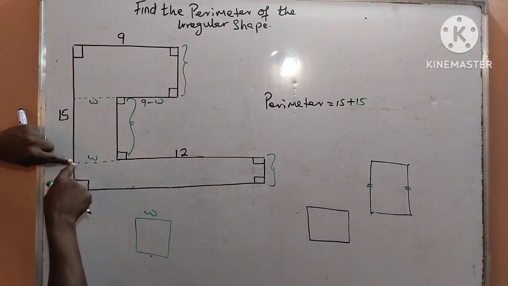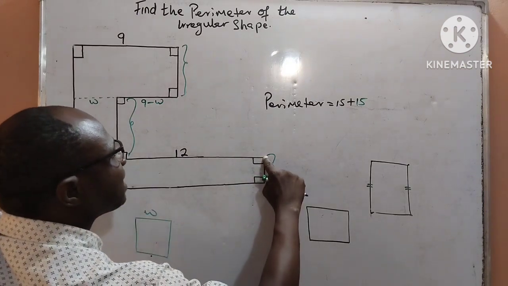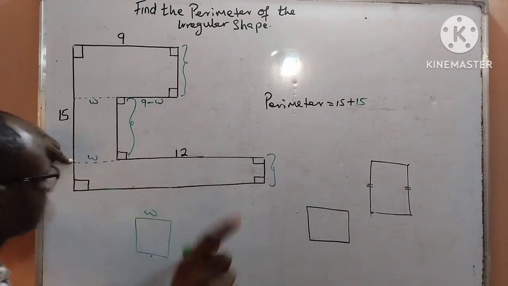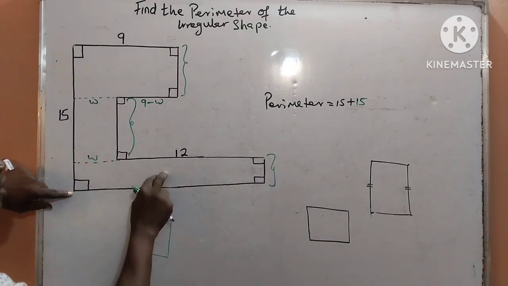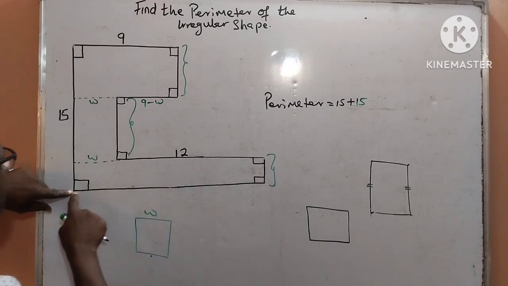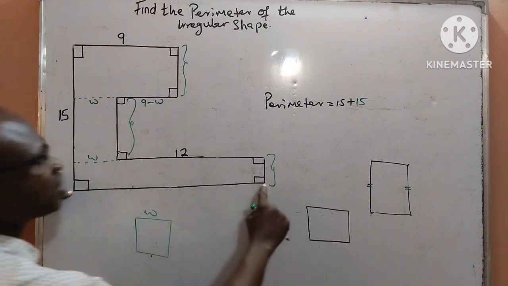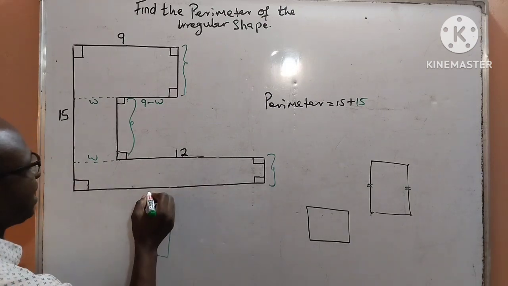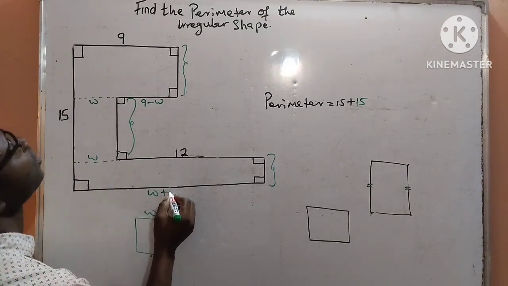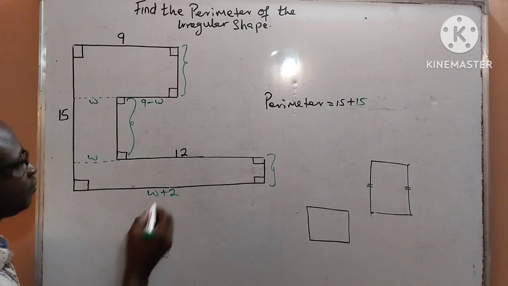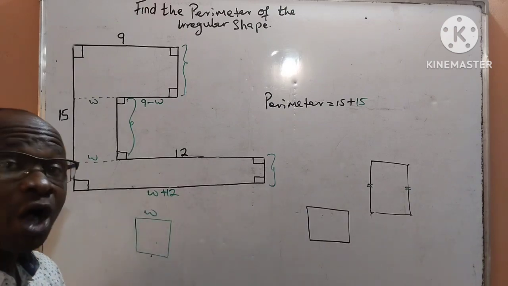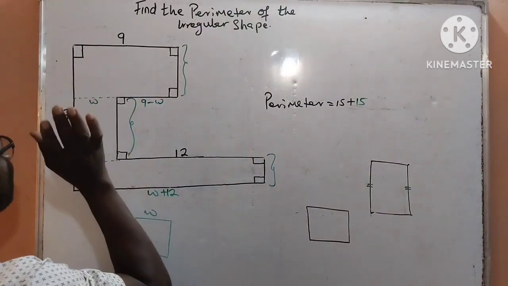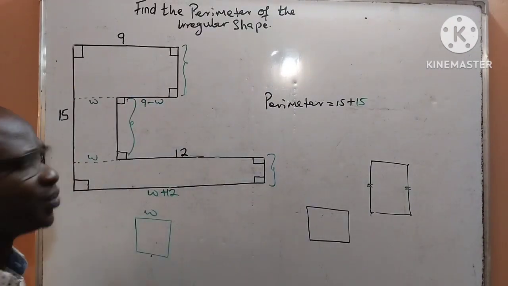Therefore, from this point to the end here is W plus 12. The opposite side of this particular rectangle should be equal, so we label here W plus 12. Beautiful. Therefore, all those unknown sides are completely labeled with values.